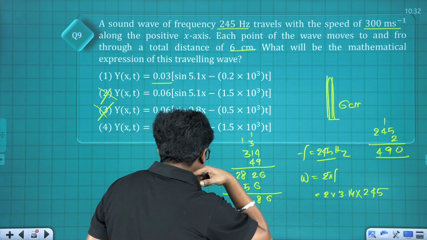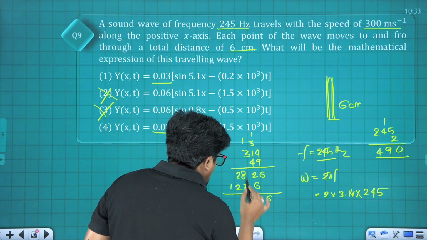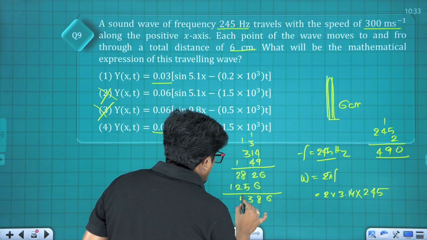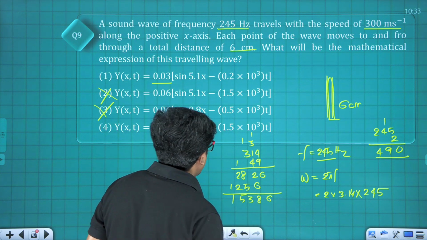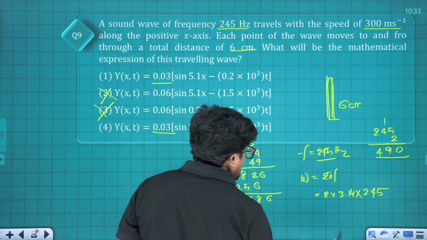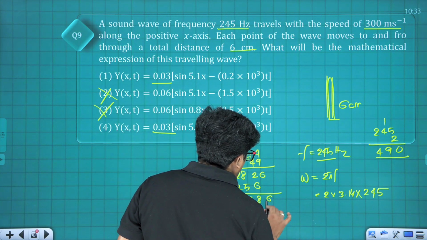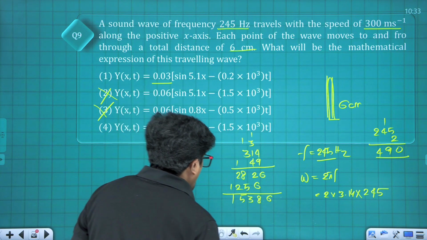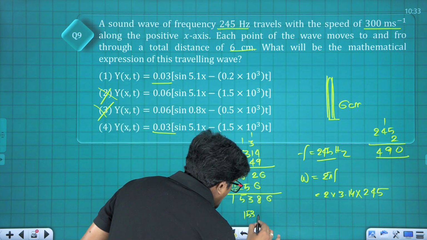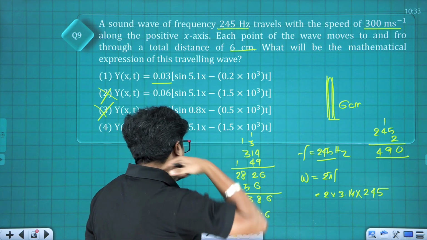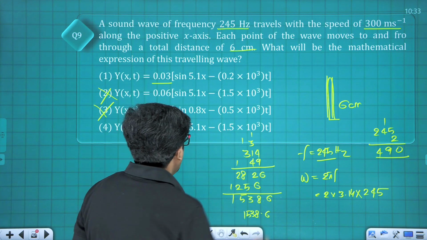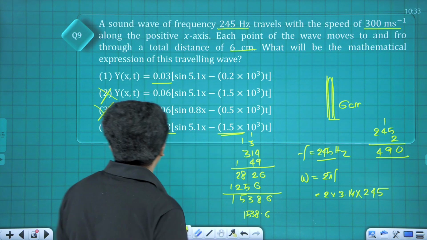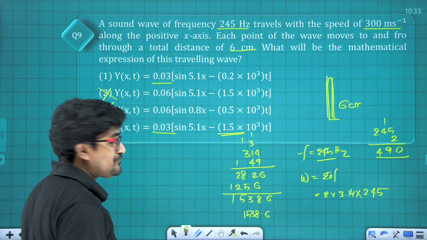And here this is 8 plus 5 it is 13, left with 1 here, and 2 plus 2 4 plus 1 5, and here this is 1. Alright, and how many decimal places? I am having only one decimal place to be taken towards the left. So it is 15386, approximately 1.538 into 10 to the power 3. So this part is perfectly matching with omega. That means option 4 must be the correct answer here.